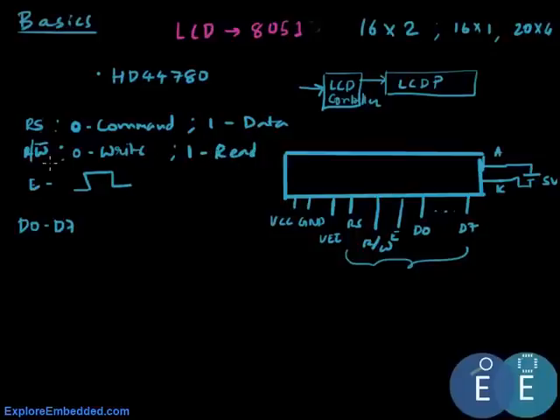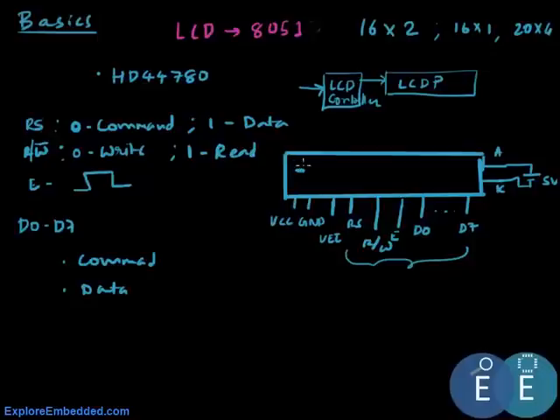Now what is the difference between command and data? All the commands that clear the display or set the cursor position or even define how many lines a display has and how many characters it displays, all this is done by sending commands. And data is the actual data that we want to display on the LCD.